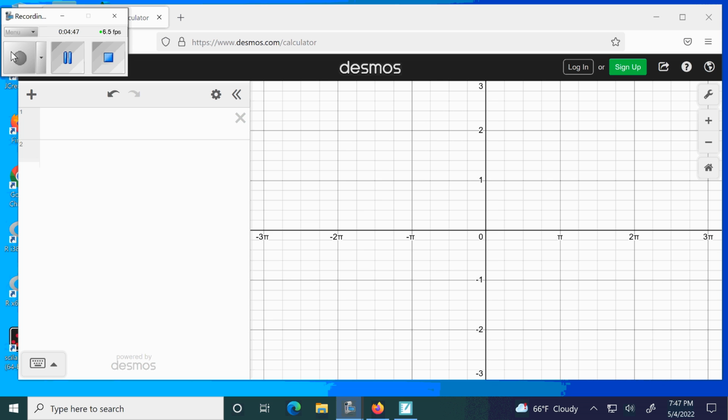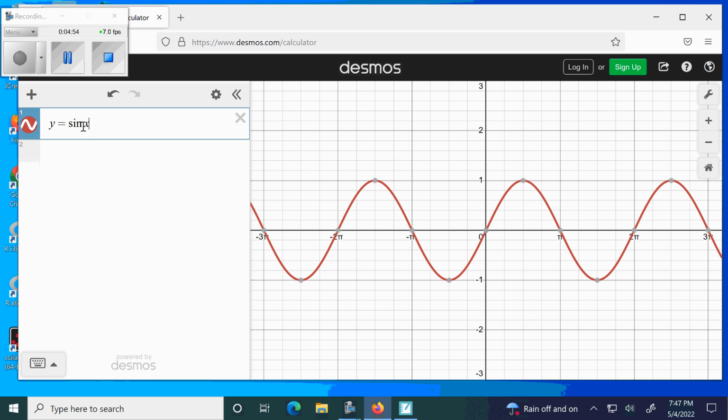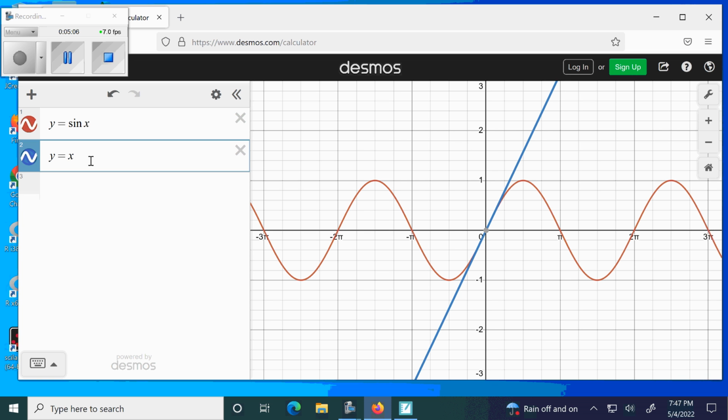As I mentioned, this is called a transcendental function. But let's try to build y is equal to sine x from its Maclaurin expansion. So we're going to now do y is equal to x. There's y is equal to x. So you can see that y is equal to x and sine x look completely different.